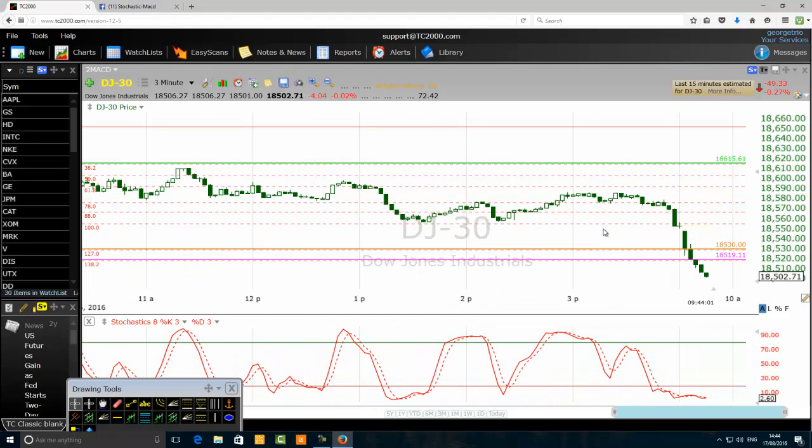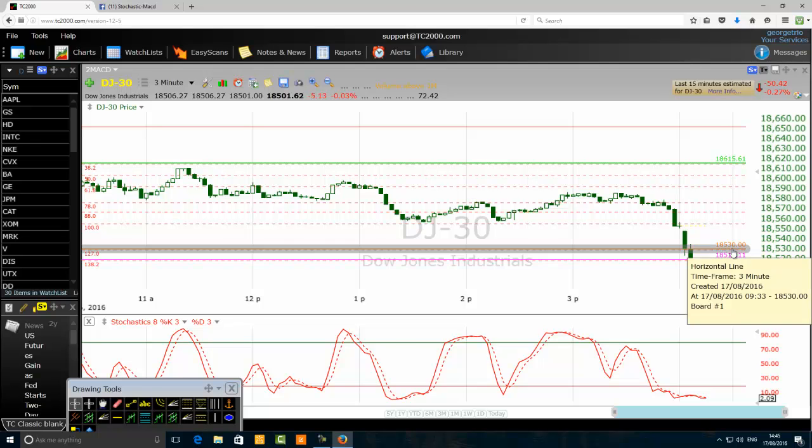Therefore, I am anticipating a high chance that the Dow Jones may change direction and go back above that 138.2% Fibonacci extension level. And if that happens, my order at 18530 will be filled.